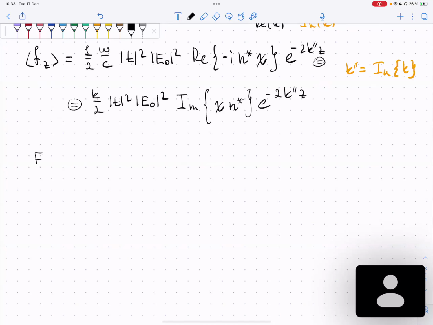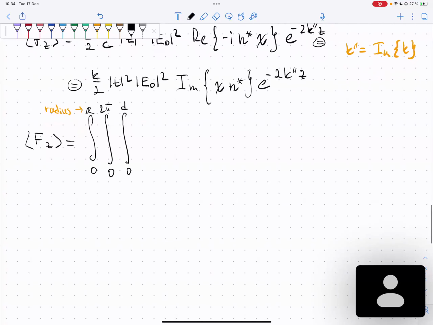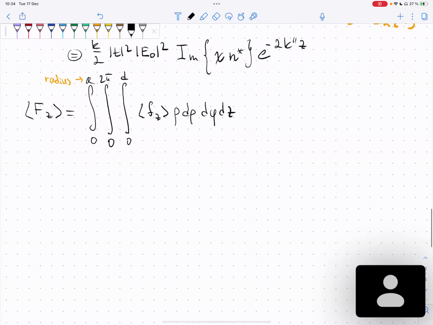So the z component of the total force will be just the integral from 0 to a, where a is the radius of the cylinder, integral from 0 to 2 pi, and integral over the height of the cylinder of the time average force density, rho d rho d phi dz.